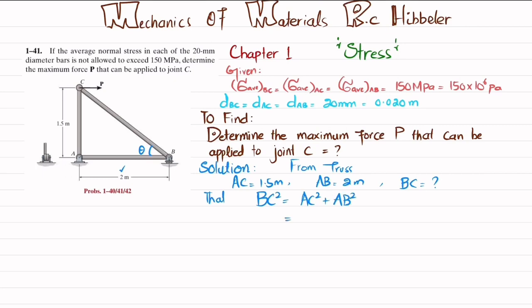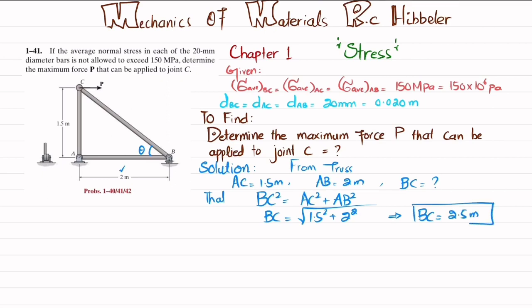So you can just put in the values, AC is 1.5 square plus AB is 2 square, and we take the square root on both sides, which will give you the length of BC. So from here you will get BC equal to 2.5 meter.